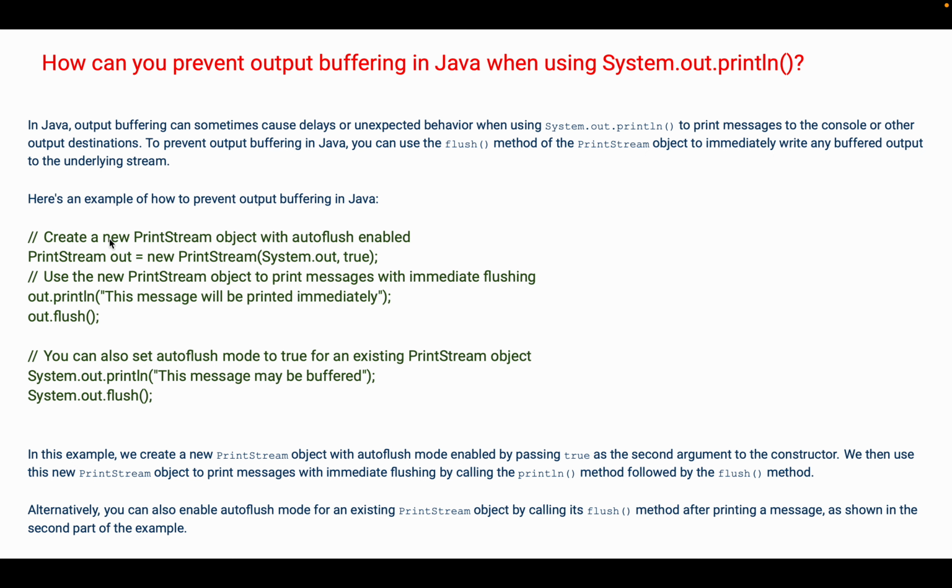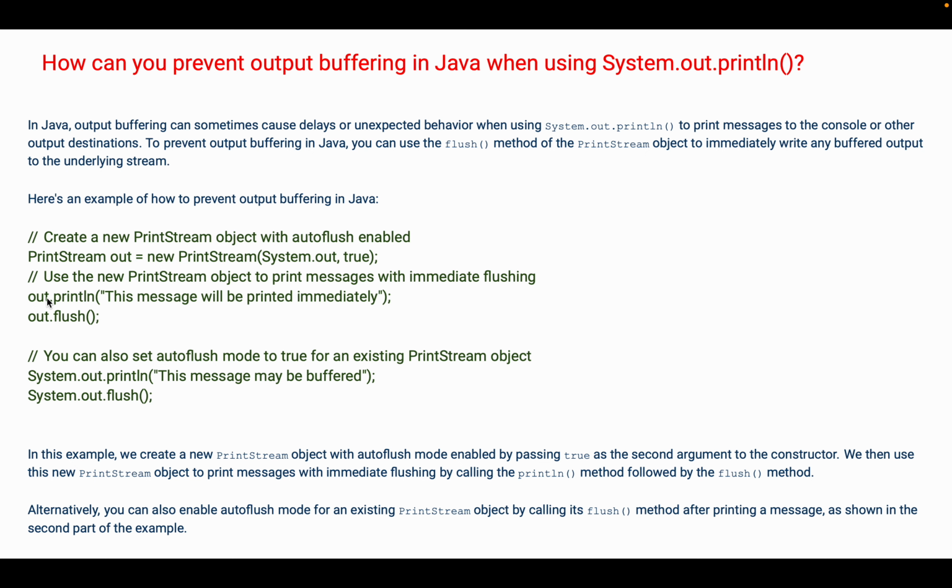Here what we are doing is creating a PrintStream object with auto flush enabled. So we are creating a PrintStream reference here, which is out. We assign an object of new PrintStream, wrapping System.out, with auto flush set to true. Now use the PrintStream object to print messages with immediate flushing.